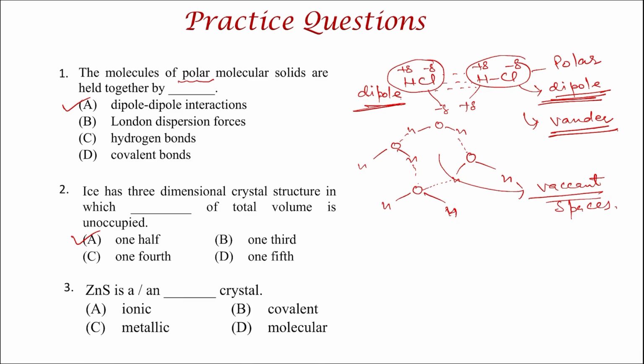Now the next question is zinc sulfide. Of course zinc is a metal, and sulfide is a non-metal. Obviously these are ions, and between the ions an ionic bond is present, so it's an ionic crystal.